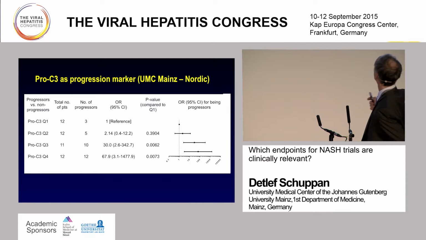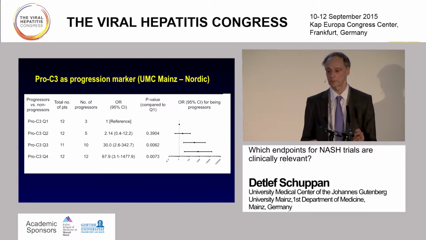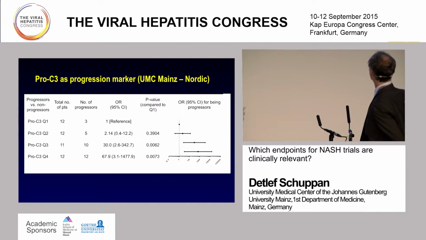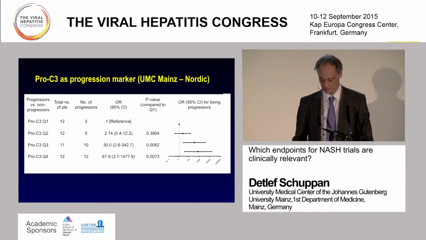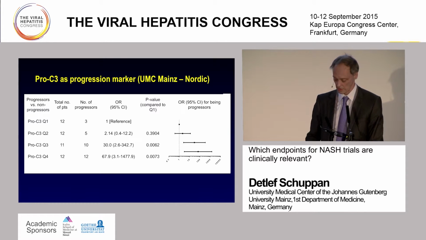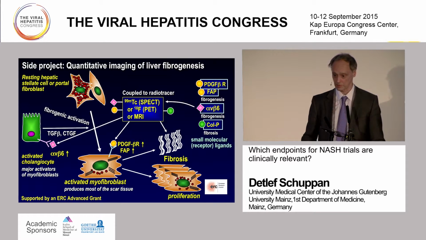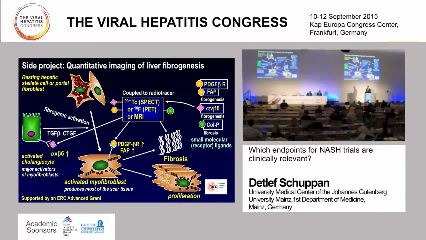You can see here that if you differentiate the very fast progressors versus the non-progressors, and have also a look at the intermediate stages, you really have almost a 100-fold increased risk with high serum levels to progress with this specific marker.